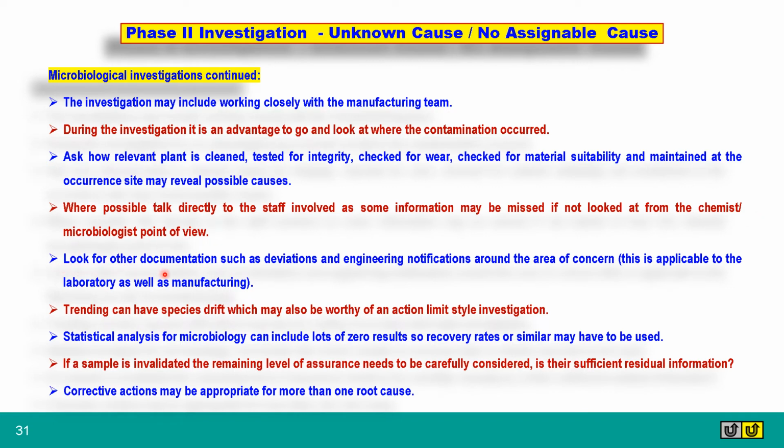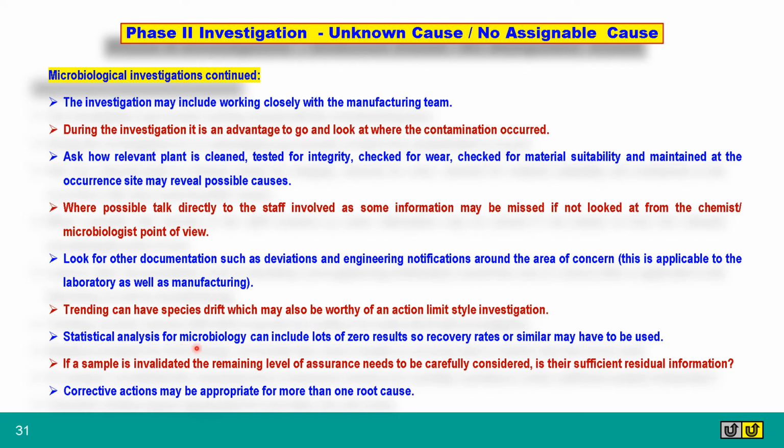Look for other documentation such as deviations and engineering notifications around the area of concern. This is applicable to the laboratory as well as manufacturing. Trending can have species drift which may also be worthy of an action limit style investigation.